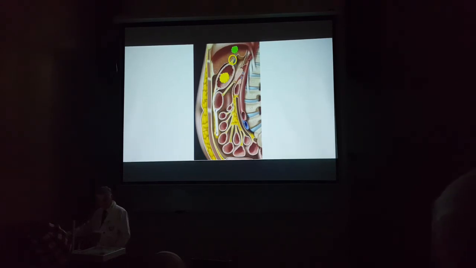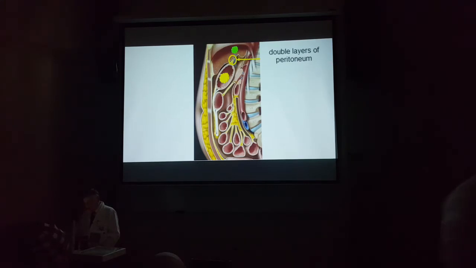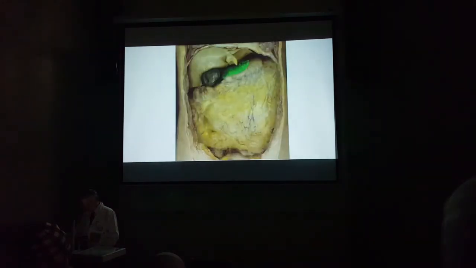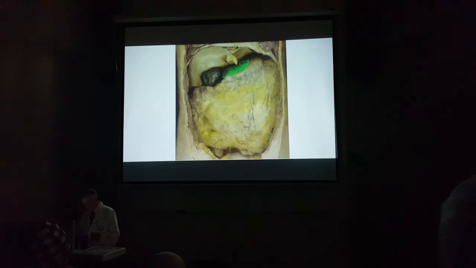It's from one organ to another. Therefore, this is an omentum. A double layer of peritoneum from the lesser curvature of the stomach that goes to the liver. This is the lesser omentum.